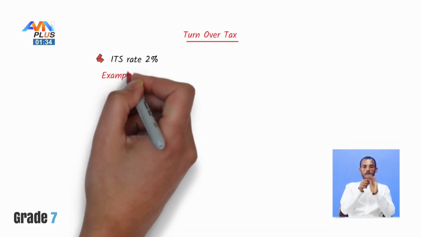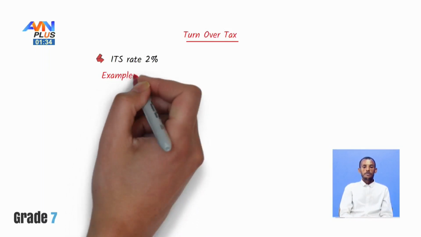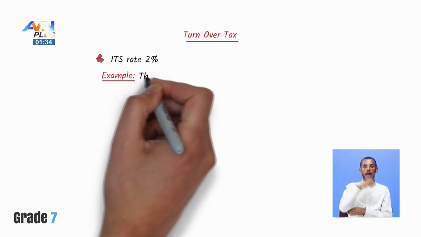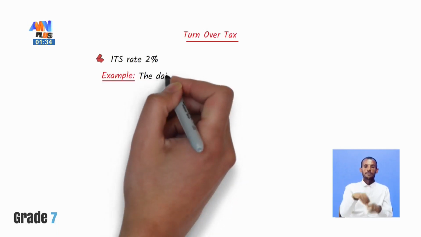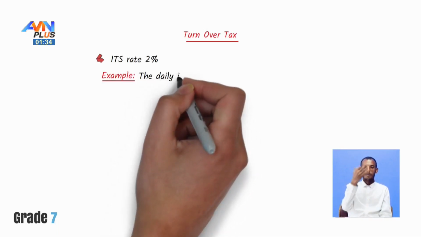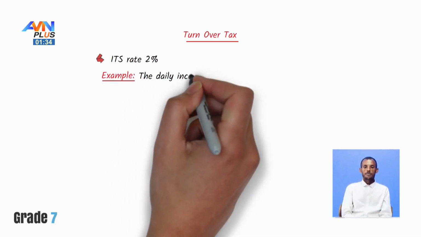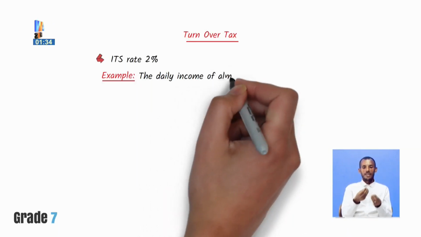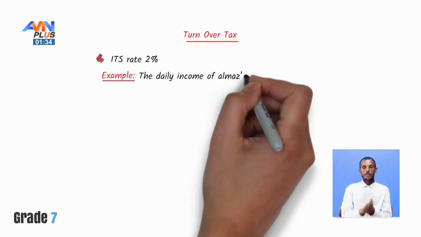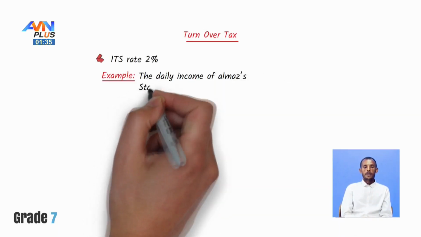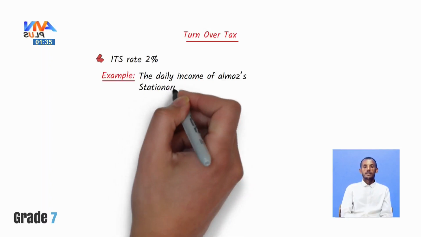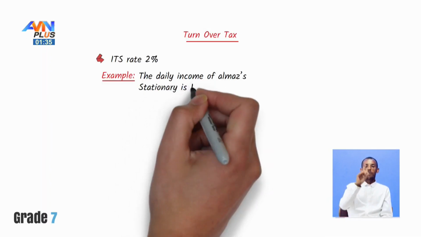Example. The daily income of Almaz Stationery is 1,000 birr.